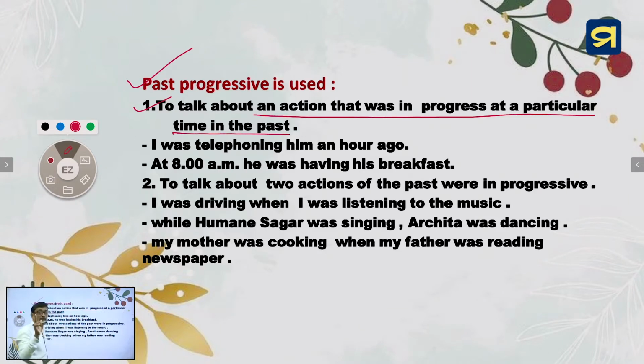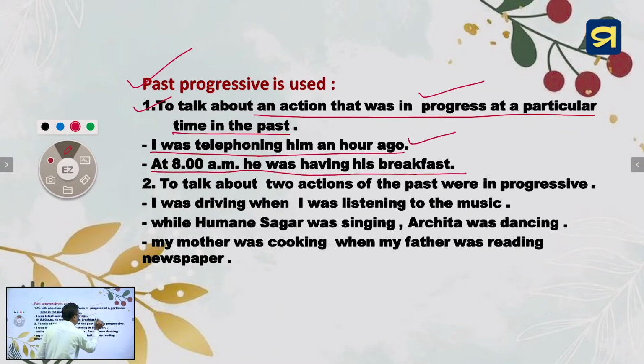We have discussed the clue, how for a particular time in the past we use past progressive tense for an action that was in progress. Okay, let's take some examples. I was telephoning him an hour ago. You see. Number 2. At 8 a.m. he was having his breakfast at a particular time.